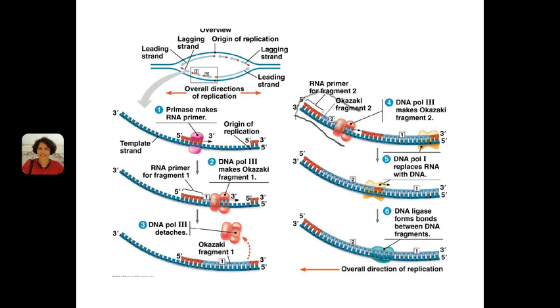another DNA polymerase is coming in, DNA polymerase 1, and DNA polymerase 1 is going to remove the nucleotides of each primer, because you can't leave RNA nucleotides in a DNA strand. So DNA polymerase 1 is going to remove the RNA nucleotides one by one and substitute them with DNA nucleotides.